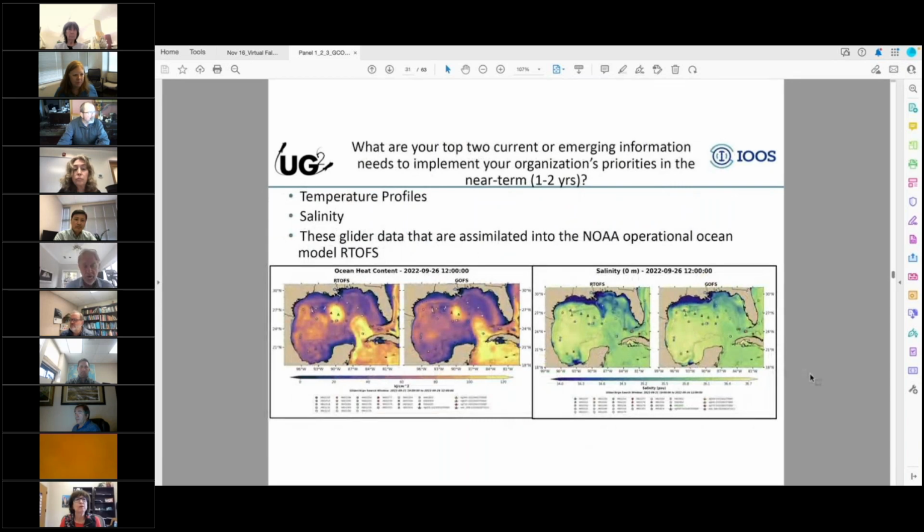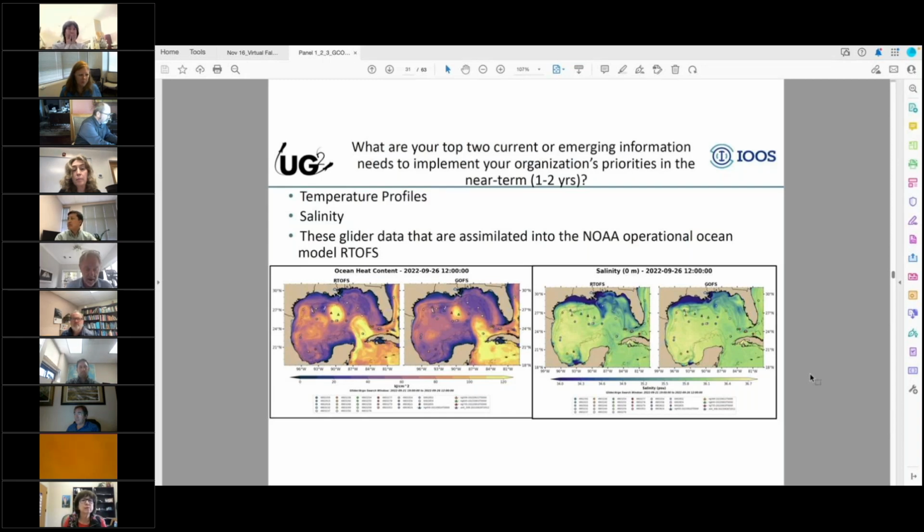So, what are your top 2 current or emerging information needs? If you're focused just on the mission of the hurricanes, it's really important to have temperature and salinity profiles that can be assimilated into the models. So understanding that heat content in the upper 100 meters is critical. Additionally, salinity is very critical, as freshwater layers can inhibit mixing and cooling of waters, and that all contributes to rapid intensification.